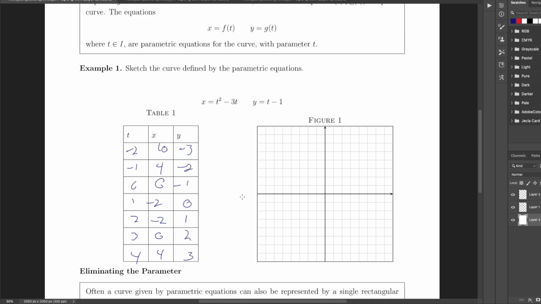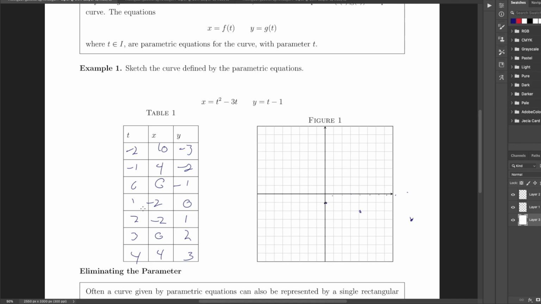And so let's crunch through this. So when t is -2, here we're at 10 and -3. So here we're way out here. Because I have 1, 2, 3, 4, 5, 6, 7, 8, so it'll be 9, 10, and then -3, so we're here. And then when t is -1, we're at 4, so 1, 2, 3, 4, and -2. When t is 0, we're at 0 and -1.